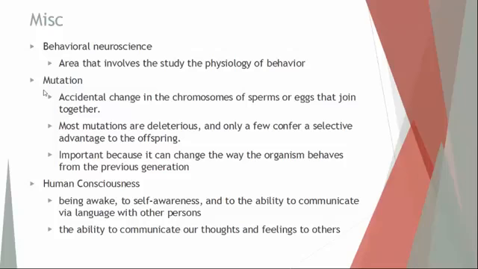Next topic, mutation. This is an accidental change in the chromosomes of either the sperm or the egg cells that join together to make that first fertilized egg, the zygote. Mutations can be on whole chromosomes or on different places on those chromosomes, in the genes themselves. So they can be chromosomal mutations or genetic mutations.